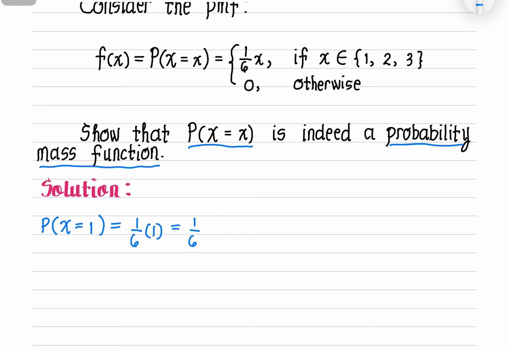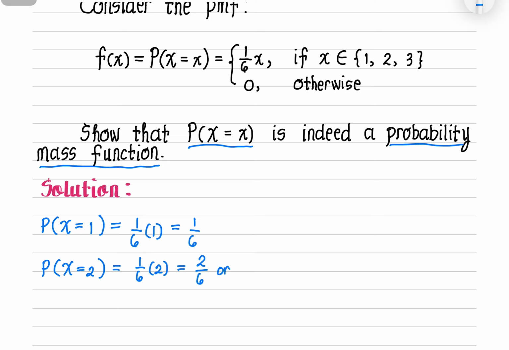Okay. And then, the second one, so we have P of x equals 2. Okay, yung value ng ating random variable, which gives us 1 over 6 times 2 equals 2 over 6, right?